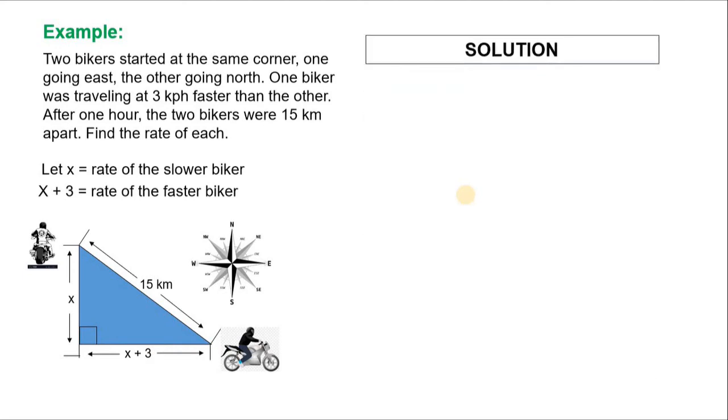Okay. For our solution, we're going to apply the Pythagorean theorem in this problem. This is the hypotenuse and these are our legs, and we're going to find the value of this one. The Pythagorean theorem is a squared plus b squared equals c squared. So that's our Pythagorean theorem, and we're going to apply that here.